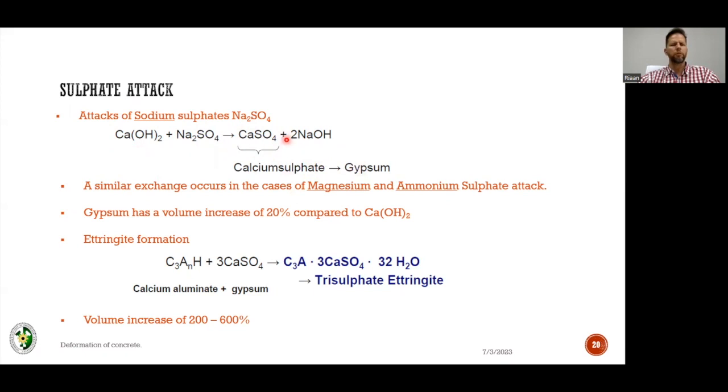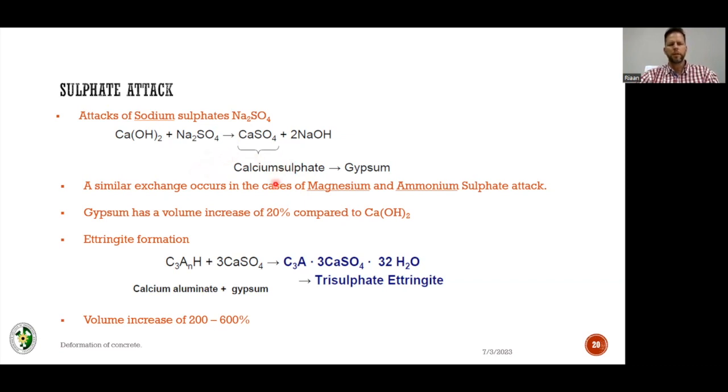If you have sulfates in gypsum form, gypsum has a volume increase in comparison to calcium hydroxide. So now you're taking 1 unit of calcium hydroxide and you end up with 1.2 units of gypsum for your efforts of not having a dense concrete matrix in your structure.